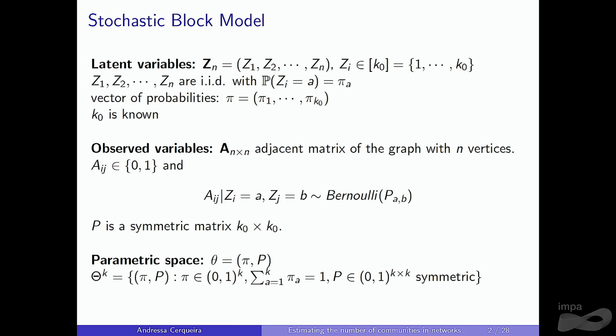If I fix the number of communities as K, for example, then pi is a probability vector, and P ranges over all possible symmetric matrices. This is the parametric space. Okay, so this is the statistical model that I will work on.